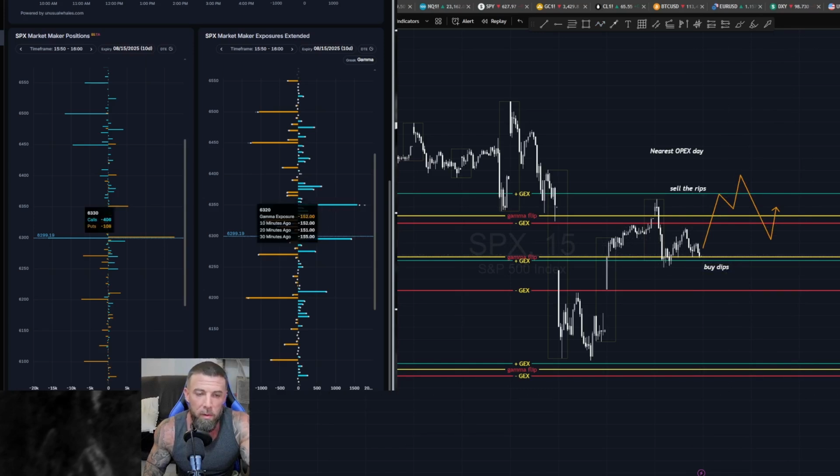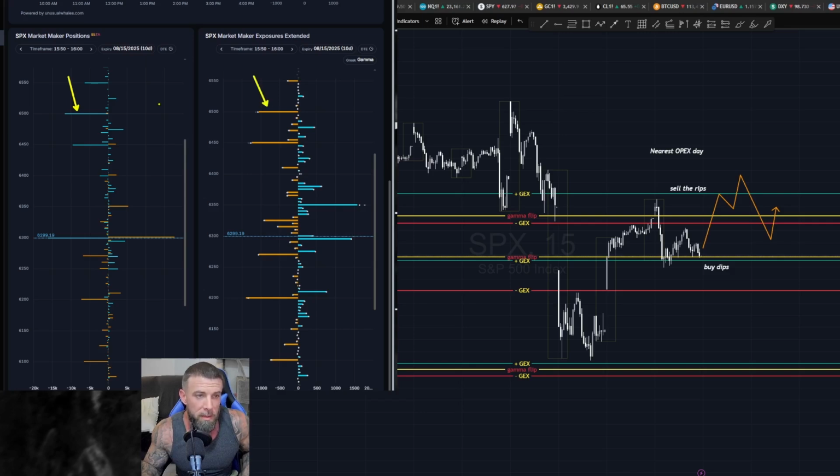And also, if we go back over here on the left, let's look up here at the top. What we can see on the left side is that the blue is calls and the orange is puts. So if we look up here, we can see that we have a large negative call level.